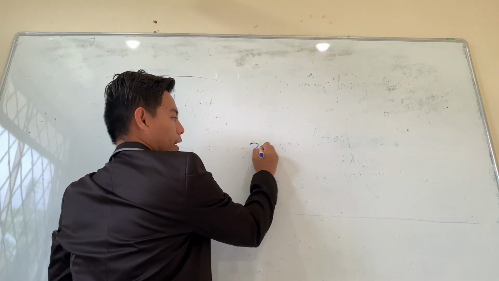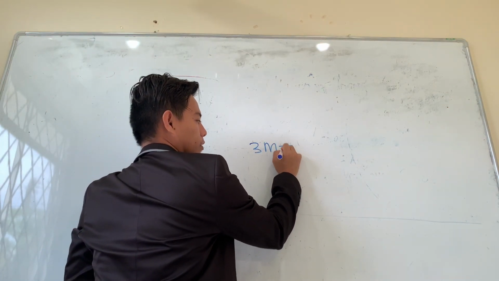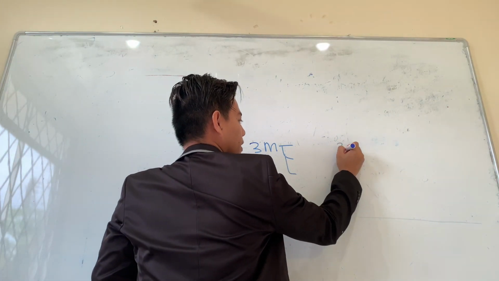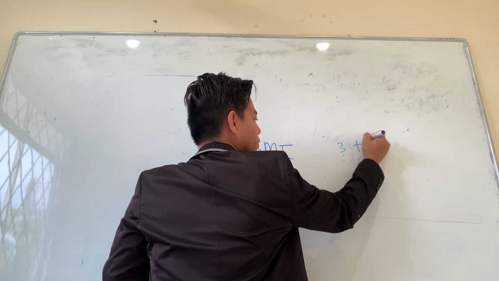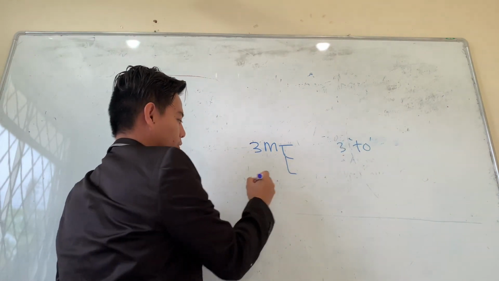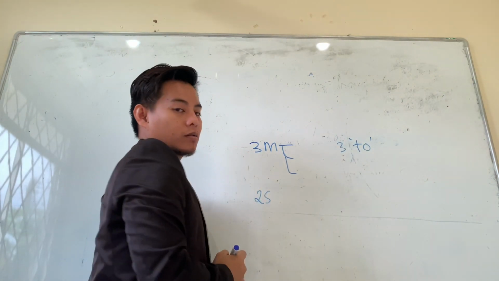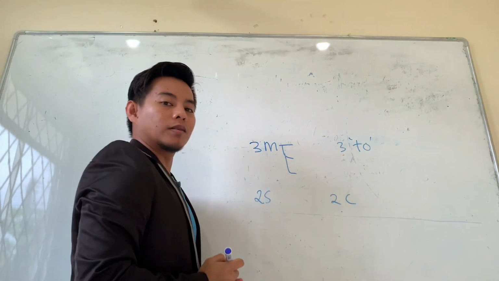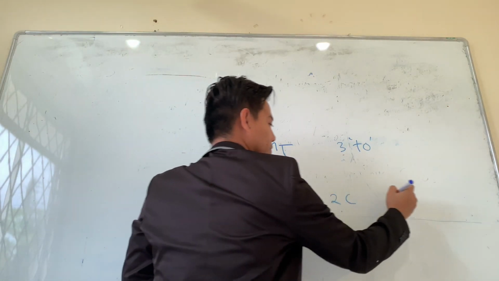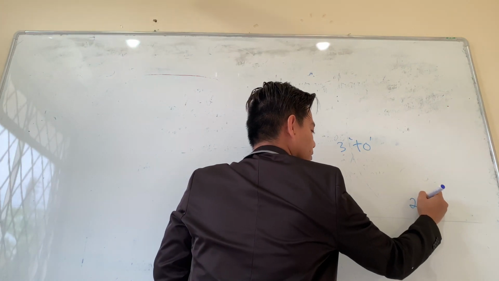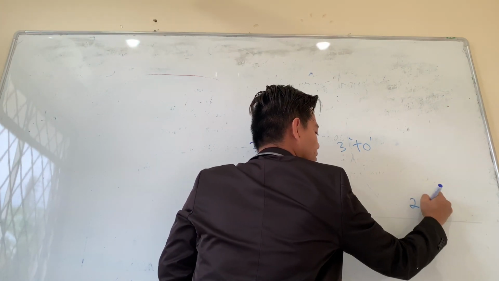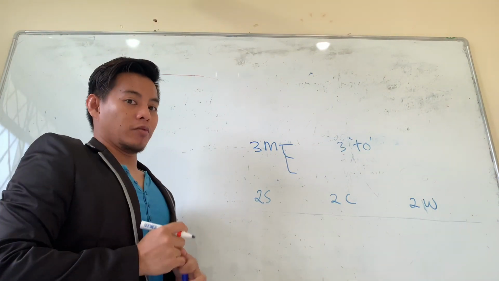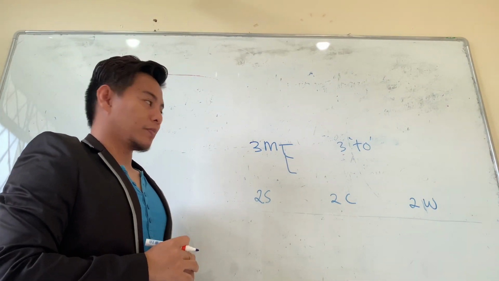We have 3M, 3-2, 2S, 2C, and 2W. Can you recall what they are?